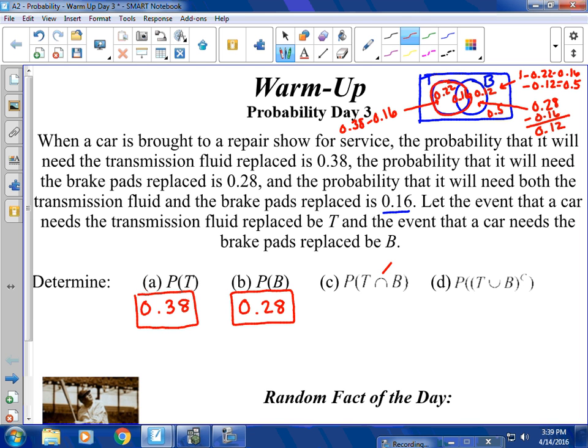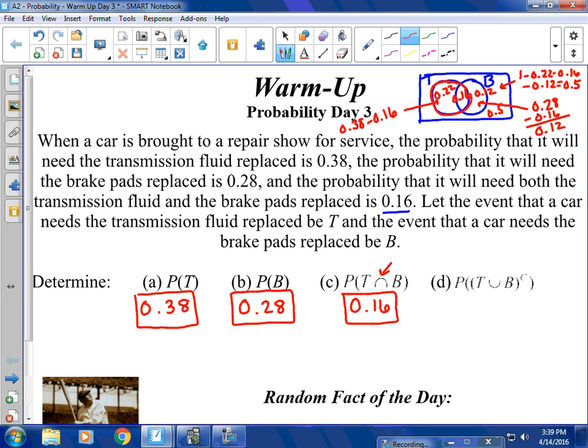Now remember, what does that symbol mean? Well, essentially it means intersection. Remember, it kind of looks like an A for and, like I said yesterday in class. So probability that you're having T and B at the same time. Intersection means overlap. That you can also get right from the work, 0.16. Don't even really need a Venn diagram.